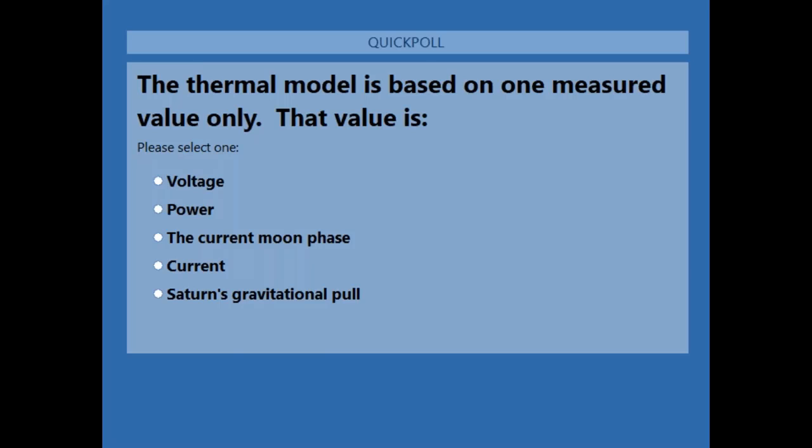I'm going to close the poll in a second. Most of you got this right. In fact, 93% of you got this correct. And yes, the motor thermal overload model looks at one value and one value only, and that is current. And it computes everything else from that.